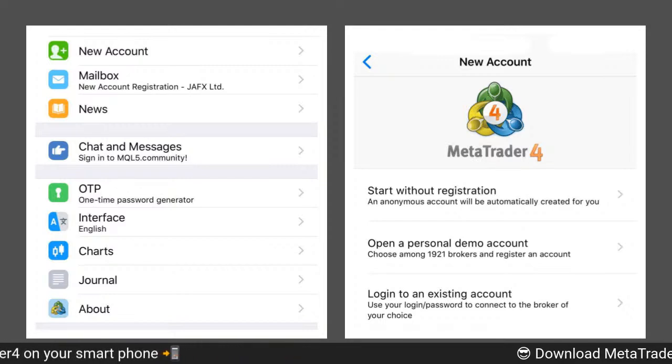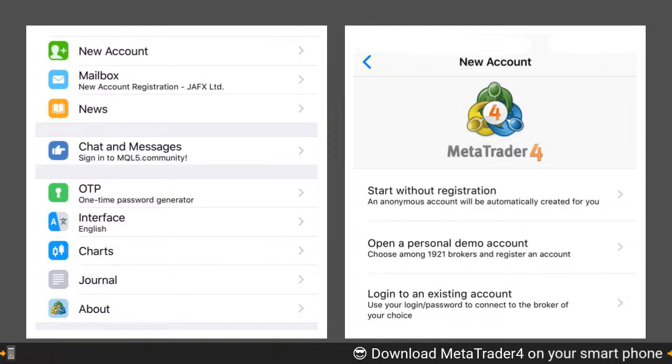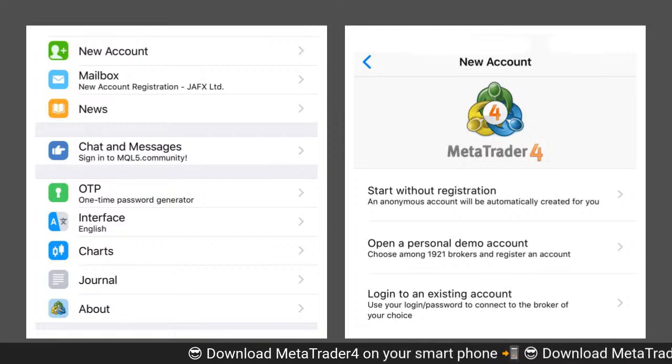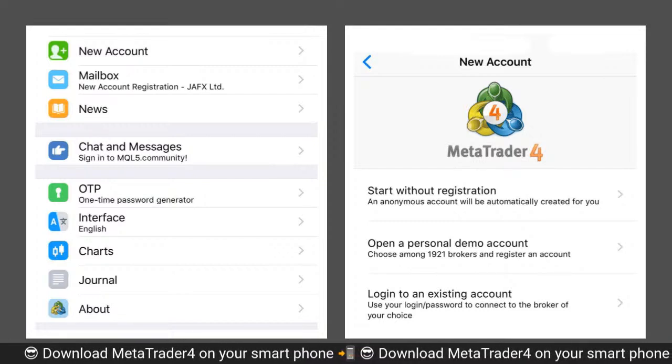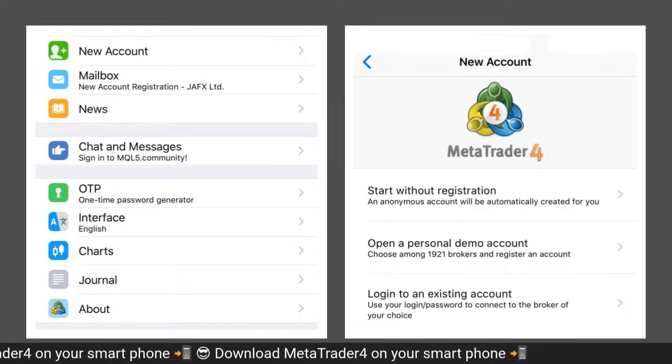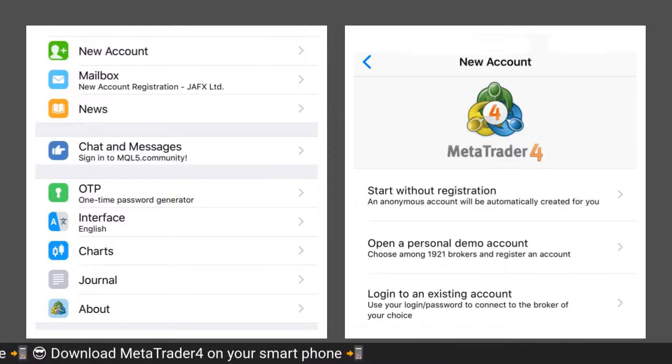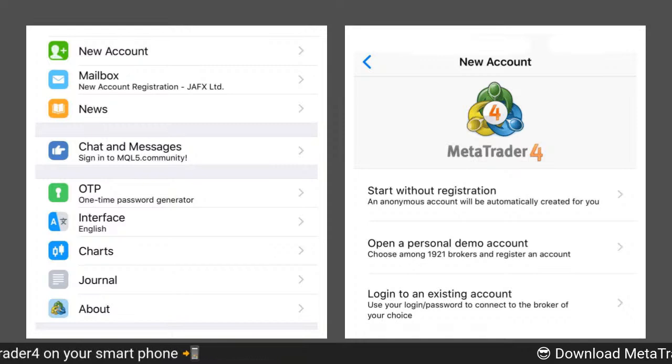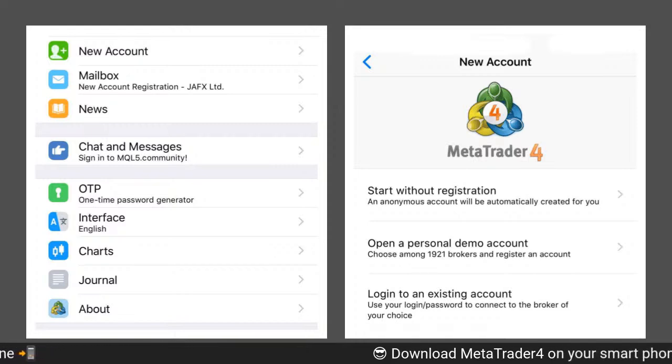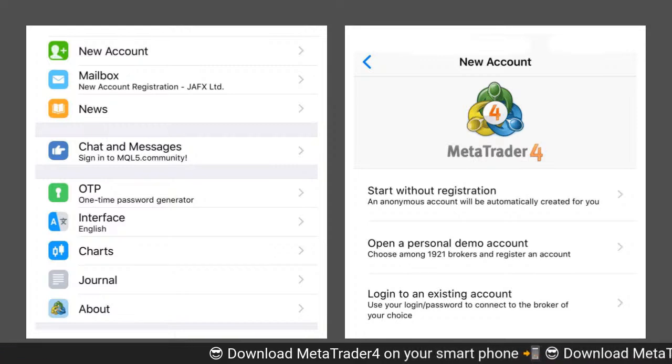All right. And then you're going to put in your personal information. So it just asks for some very basic information to get you started there. Oh, wait a minute. So open a personal demo account. Then it's going to say enter a company name or server name. Is anybody on that screen? Perfect.